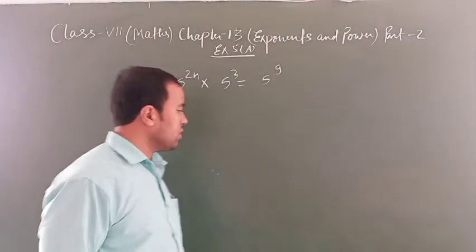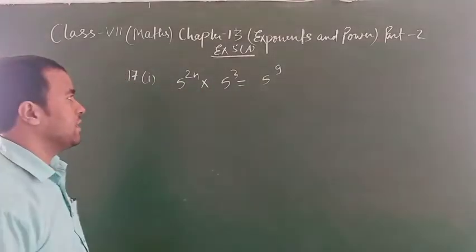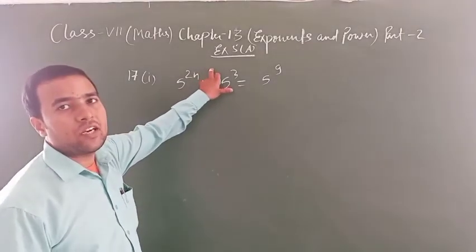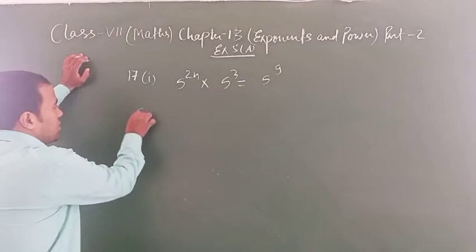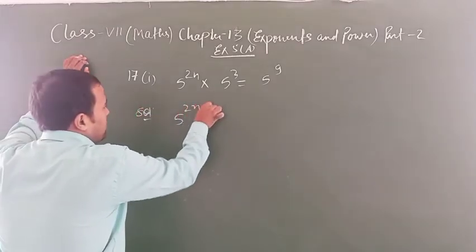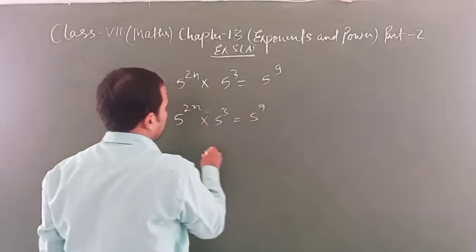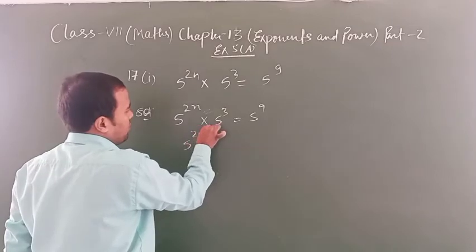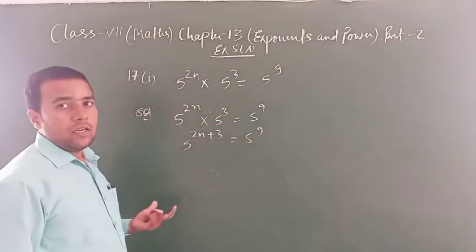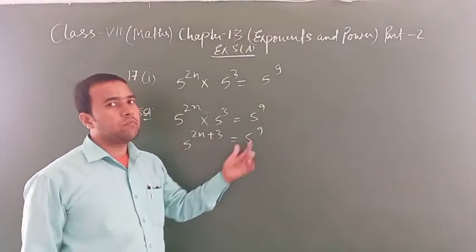Base is equal, so exponents we can add. We know that 5 power 2n into 5 power 3 equal to 5 power 9 we can write as 5 power 2n plus 3 equal to 5 power 9. Clear?